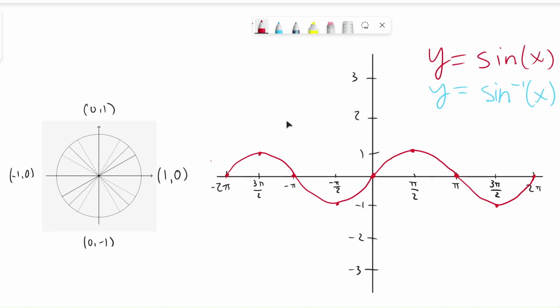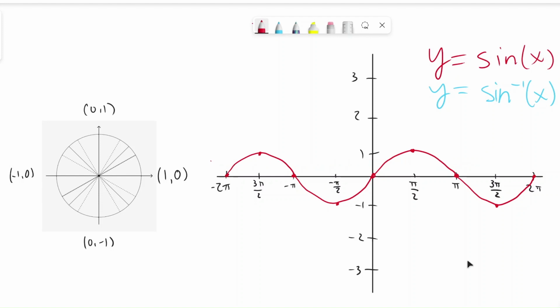If I were to put vertical lines through this graph, then there'd be no repeating occurrences where the graph is touching the line twice. But on the other hand, if I were to put a vertical line through, you'd find that there are multiple occurrences where the line is touching the graph. And we do not want that because that means that the inverse of this graph will not be a function.